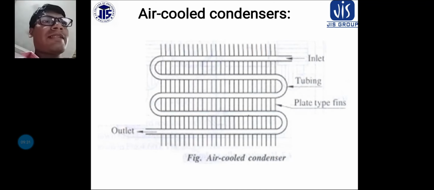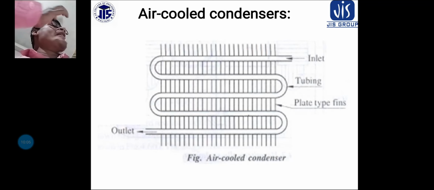In case of natural convection, the circulation of air is taking place naturally, and with the help of fins the refrigerant is cooling down. But the rate of the cooling process is very low, so forced air circulation is needed in case of a condenser.